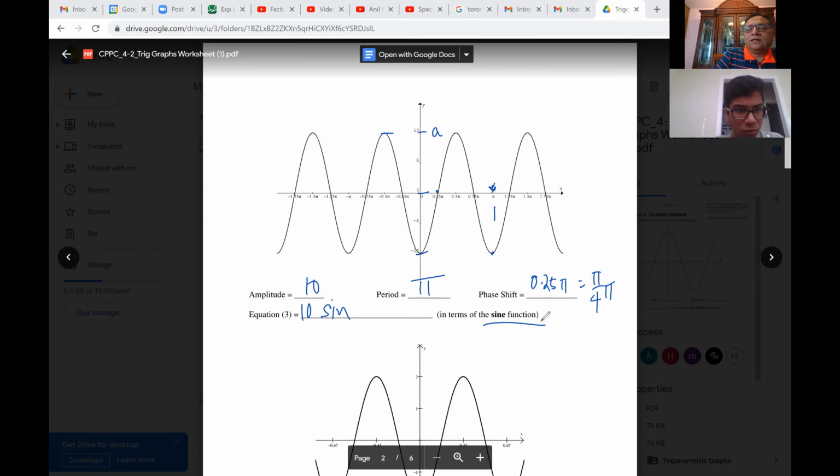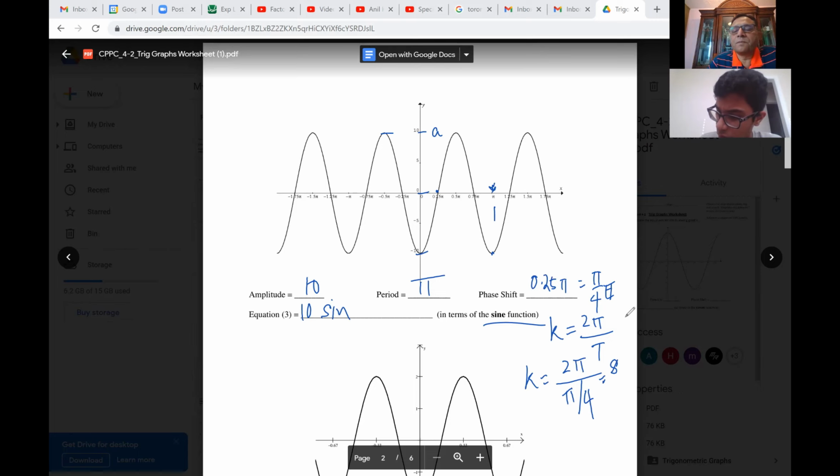Unless you have the value of k, you cannot really sketch the graph, which is 2 pi by the time period T, so k here is 2 pi by pi over 4, so 8 pi, 8, so sine of 8x.